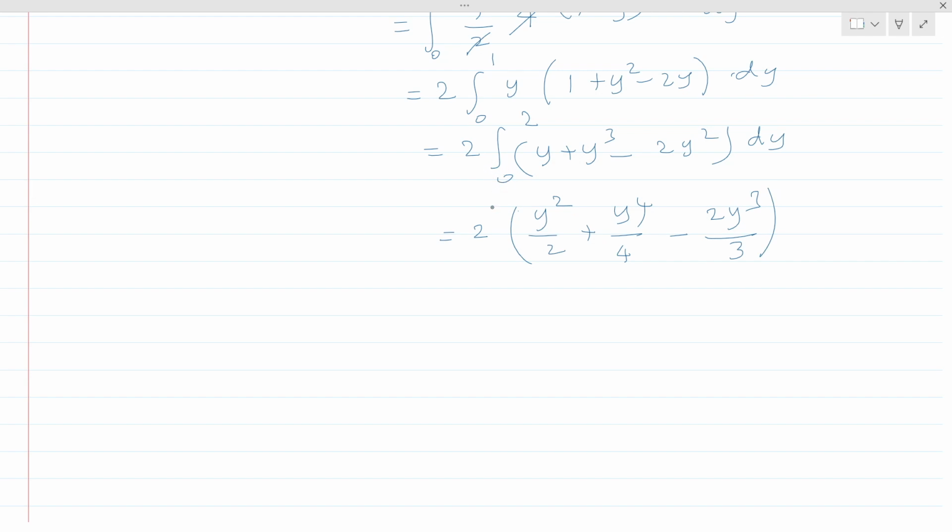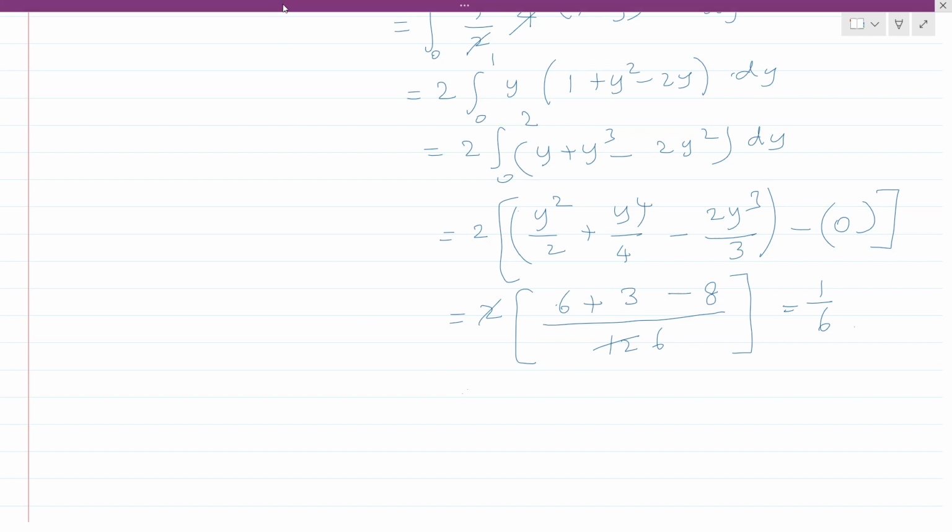If you substitute the lower limit here, you will get 0. Okay, fine. So 2 here, and then it's 12 here. So 6 times plus 3 times minus 4 times 8. So that will cancel 6. 6 plus 3, 9 minus 8, 1. 1 by 6 is the answer for this.